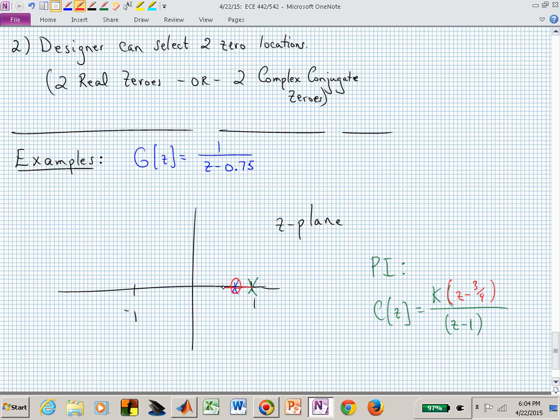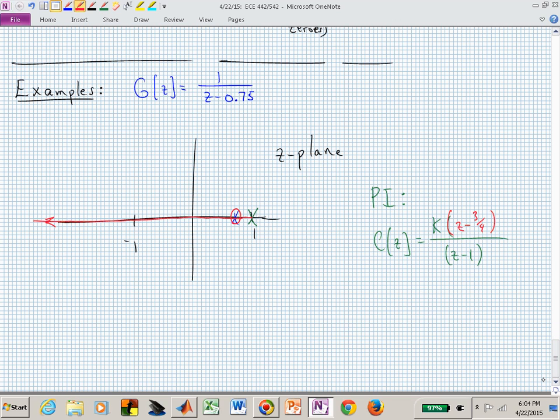It's just now you are guaranteed of what? Steady state accuracy is now there. You say go to 2, it goes to 2. You say go to 3, it goes to 3, because you have that integrator in your controller. You've now forced a pole at z equal to 1.